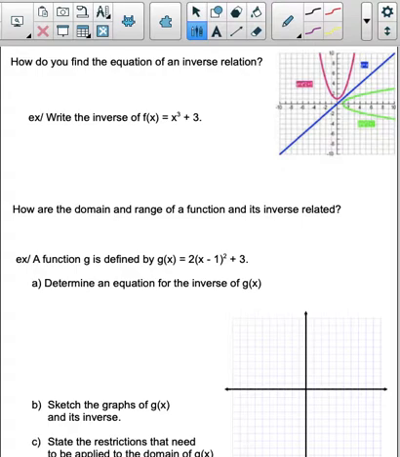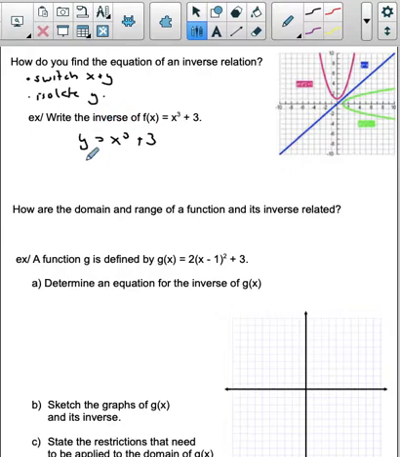Okay, so if I want to find the equation of an inverse relation, here's the mission. Switch x and y, isolate y. Just make sure that you do good math when you go to isolate y. So you replace the f at x with y. So y equals x cubed plus 3.